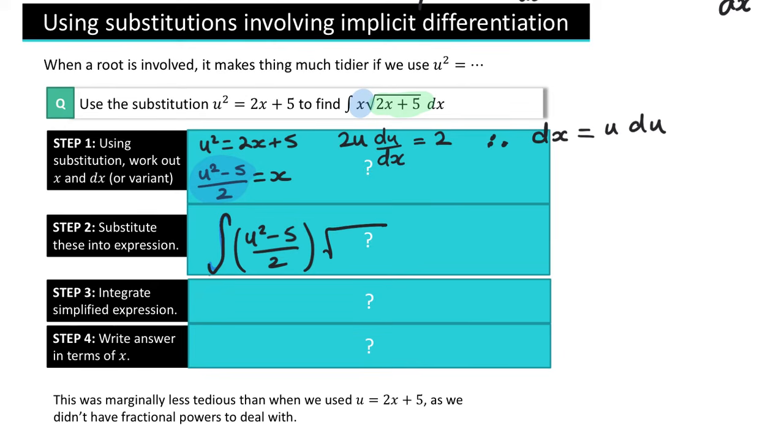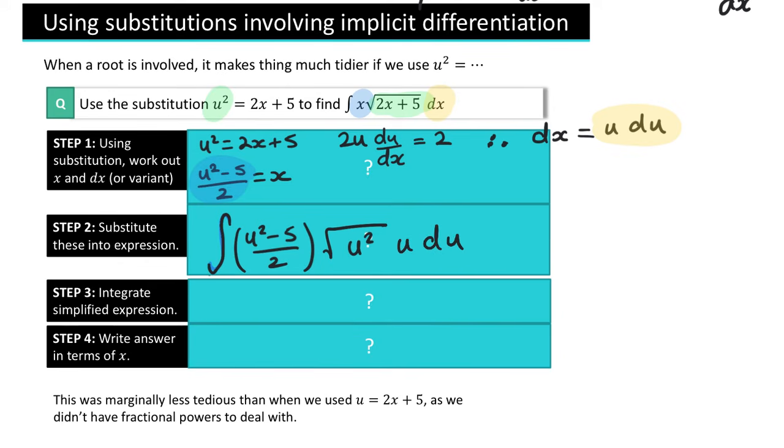What is 2x plus 5? U squared, which is u squared, okay? So that's why I'm going to put u squared here, which is going to be u. However, just for the sake of the colouring in, we're not going to do that yet. Then the last one is dx. What's dx? U du.